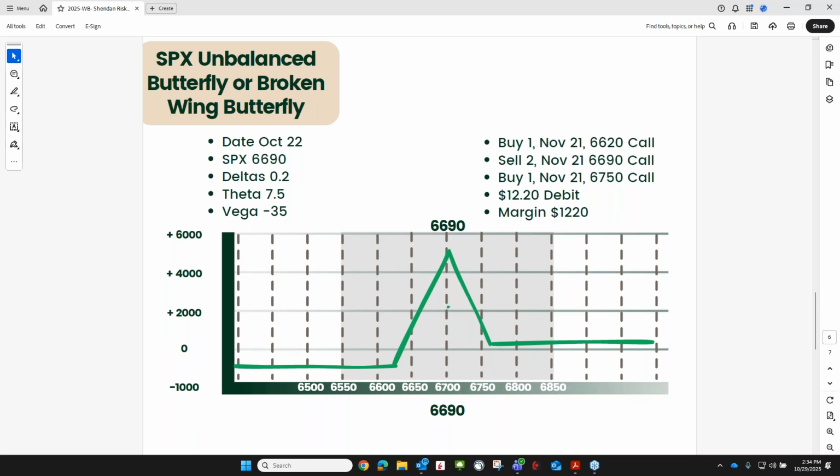I'll buy the 66.20 put below the market. Then I'll sell the 66.90 put. That's a put credit spread, 70 wide. On the upside, I'll sell the 66.90 call and buy the 67.50 call, right? So an iron butterfly is the same graph as the call broken wing butterfly, the same graph as the puts.